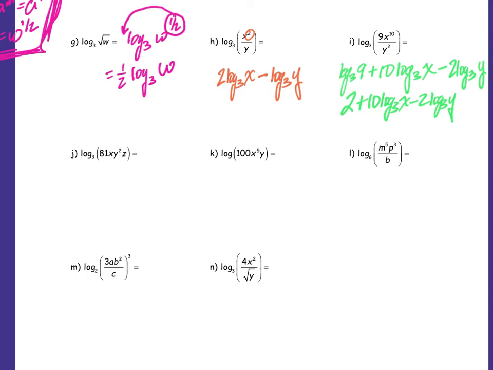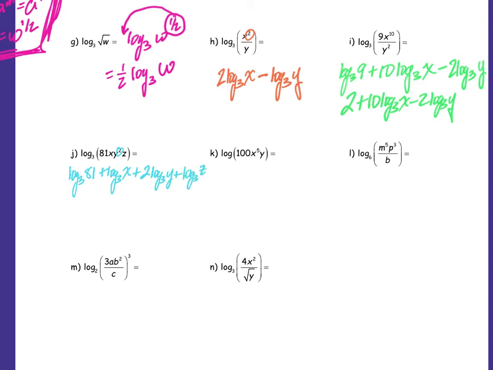That means I'm going to have 4 logs. So I get log base 3 of 81 plus log base 3 of x plus, and there's an exponent, 2 log base 3 of y plus log base 3 of z.